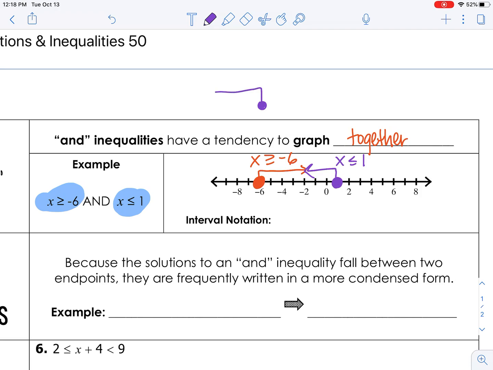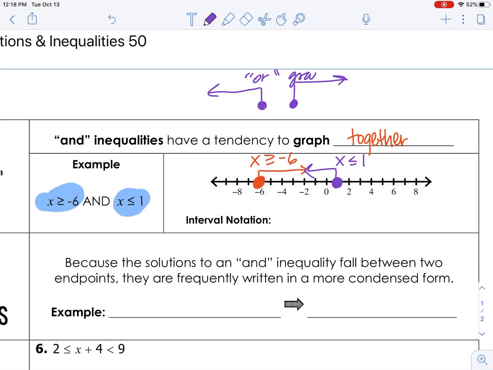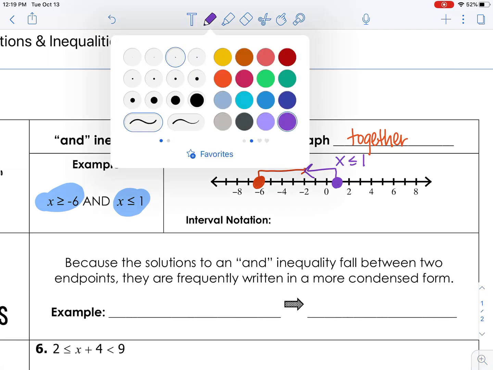Remember before, on the OR inequality, we had an arrow going out and an arrow going out, and we said OR graphed apart. This time we had an AND, and you see that our arrows are going together. That's why AND inequalities have a tendency to graph together. Now we're ready for interval notation.